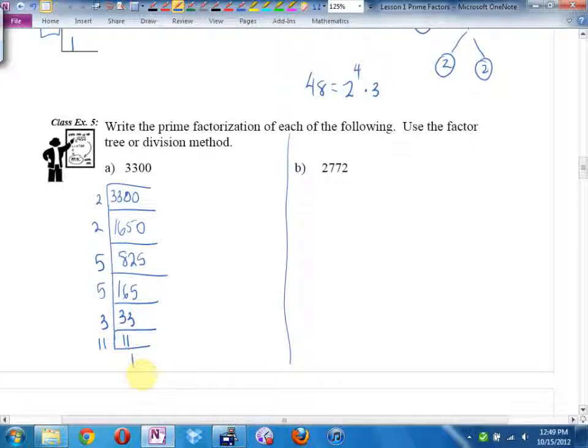We're down to 1. So this is going to be, how many 2's? 2 squared, times how many 3's? 1, times how many 5's? Times how many 11's? 1. Ta-da!